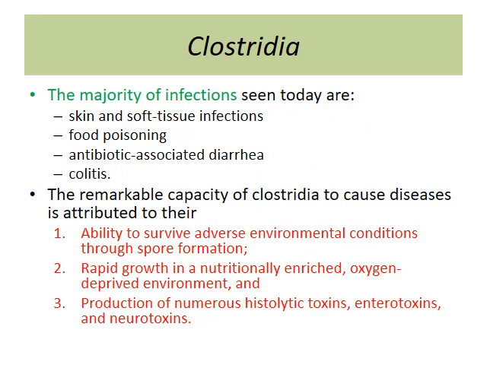Okay, now, of course, these bacteria are going to cause infections. And as you saw in those impact pictures, I told you skin and soft tissue infections. But again, botulinum can cause food poisoning. We talked of antibiotic-associated diarrhea, and of course, colitis.